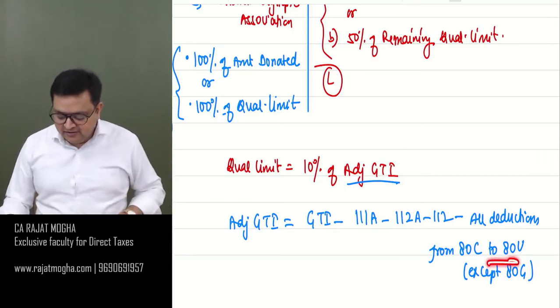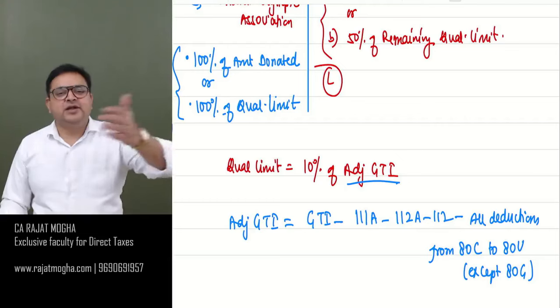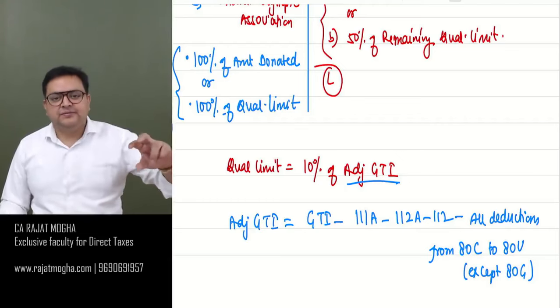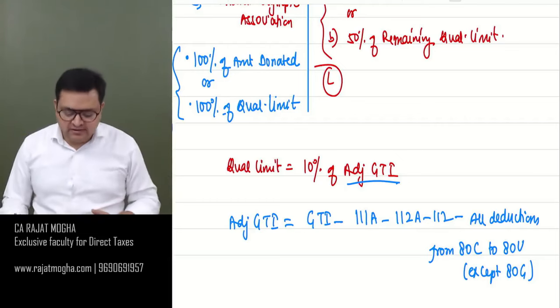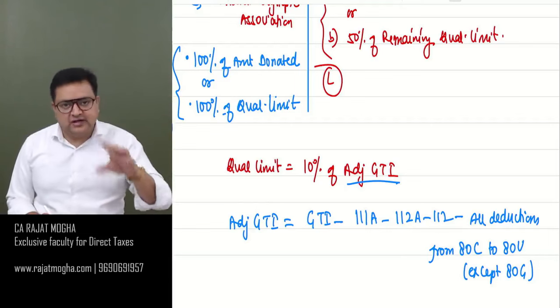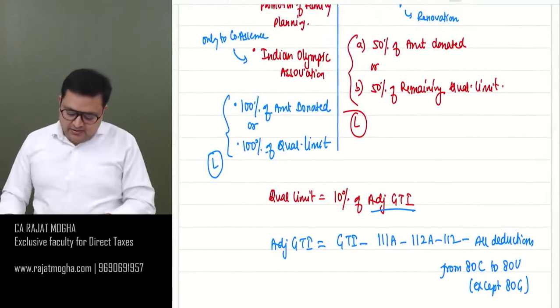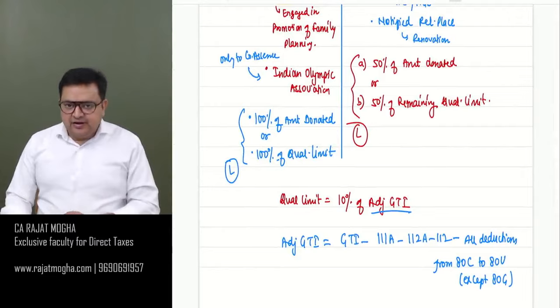Why? Because to compute the qualifying limit, you have to deduct all your 80C to 80U first, and then the qualifying limit for 80G can be obtained. So please keep 80G for last. I believe that you have written it.